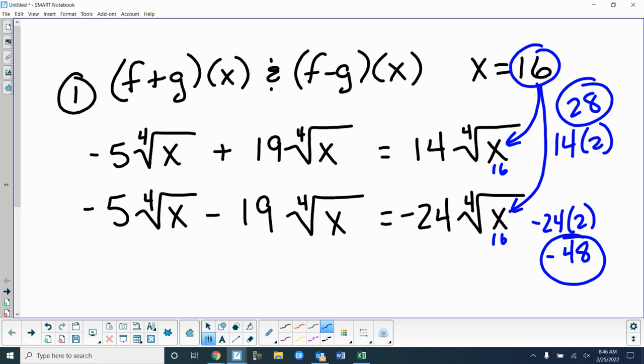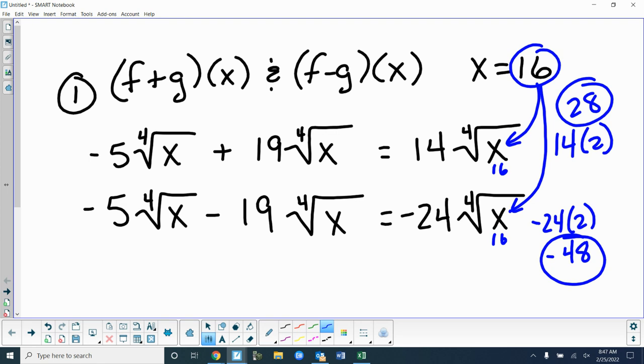Okay? So, number 2, the answers are: addition is negative 10 times the cube root of 2x, and subtraction was positive 12 times the cube root of 2x. And when you substitute negative 4 in the addition one, you get 20. And when you substitute negative 4 in for the subtraction, you get negative 24.